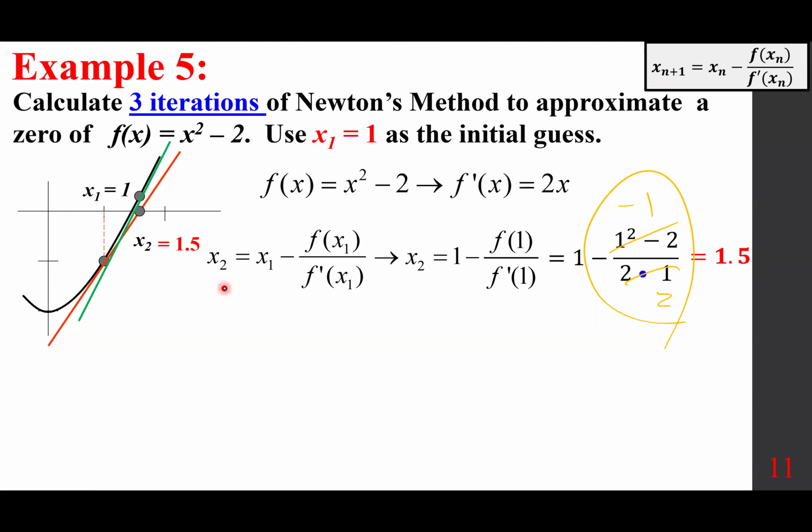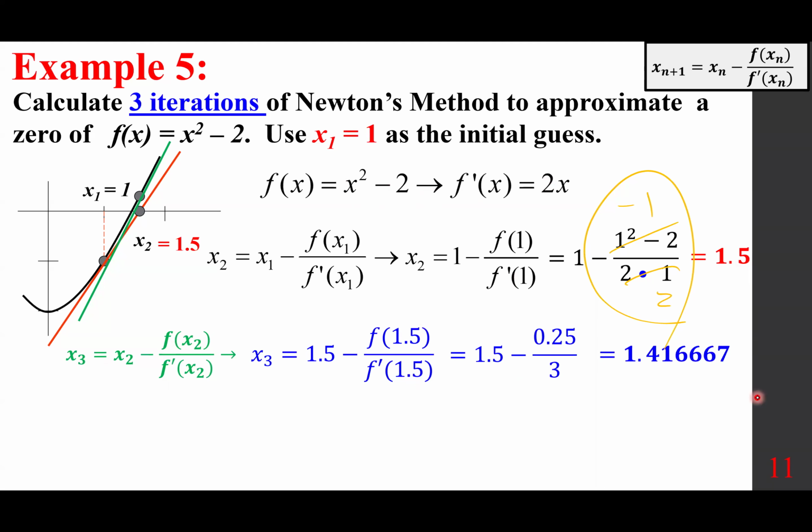We're going with x sub 3 is x sub 2 minus f of x sub 2 over f prime of x sub 2. So that means now we are going to use 1.5 here. So 1.5 minus f of 1.5, you plug in here 1.5 squared minus 2, and 2 times 1.5, and you end up with 0.25 over 3, and you write a bunch of decimals.